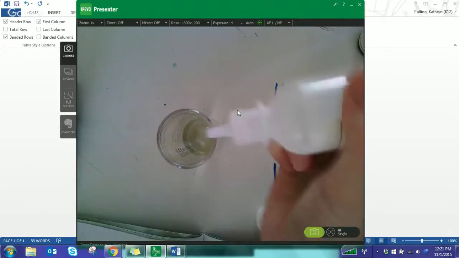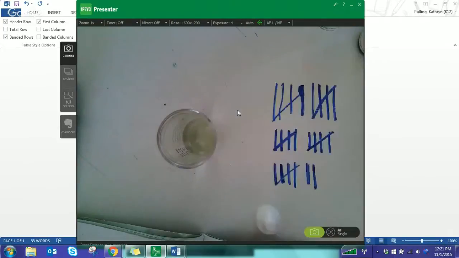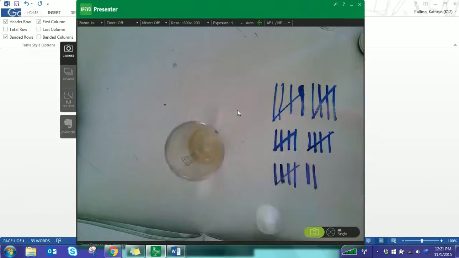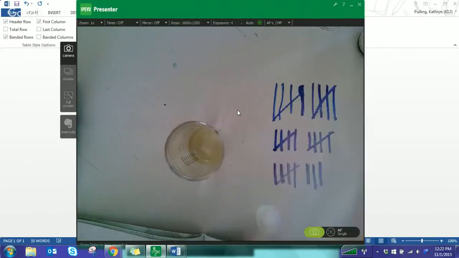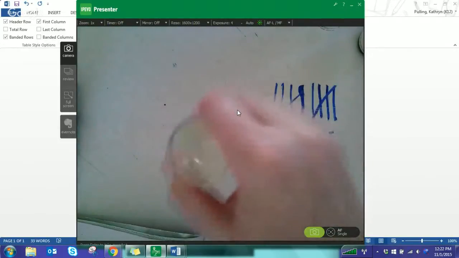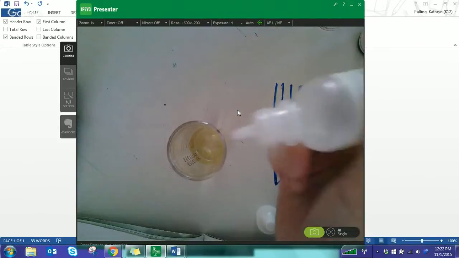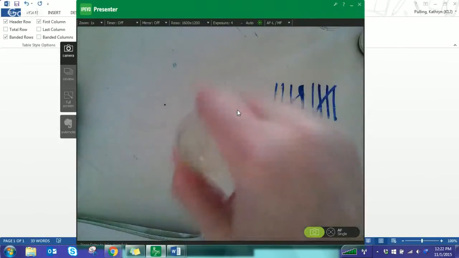See if we can get it red this time. 28. 29. 30.